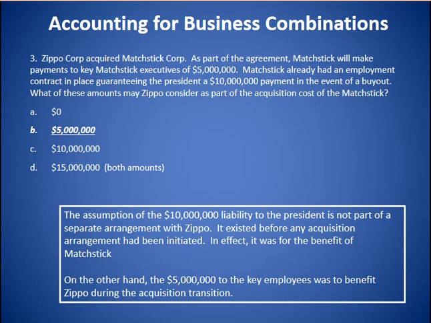So in effect, it was for the benefit simply of Matchstick, in other words, the acquiree. On the other hand, the $5 million to the key employees, in effect for them to stick around during that part of the acquisition, was a benefit to Zippo during the acquisition transaction. So the $5 million would be part of the acquisition cost of Matchstick.